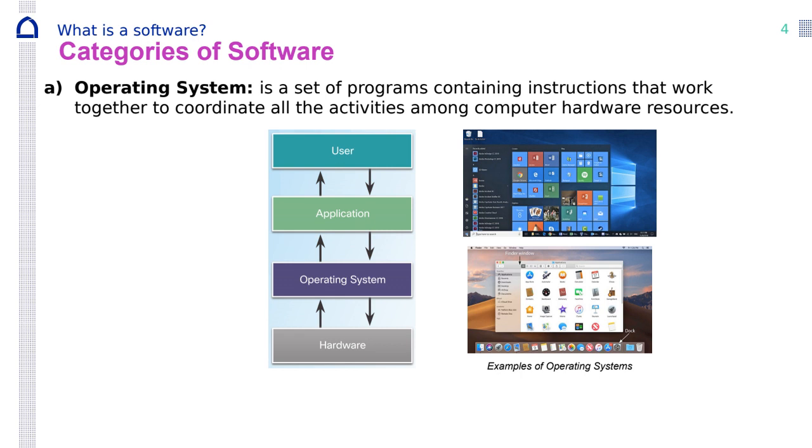This is all done by the operating system. So you see here your operating system in this layer. It is interfacing between the hardware, the application, and the user. They interact with each other all through the operating system. These are examples of operating systems. We have Windows, we have Mac, and what else? Anybody knows? Linux, yeah, good.